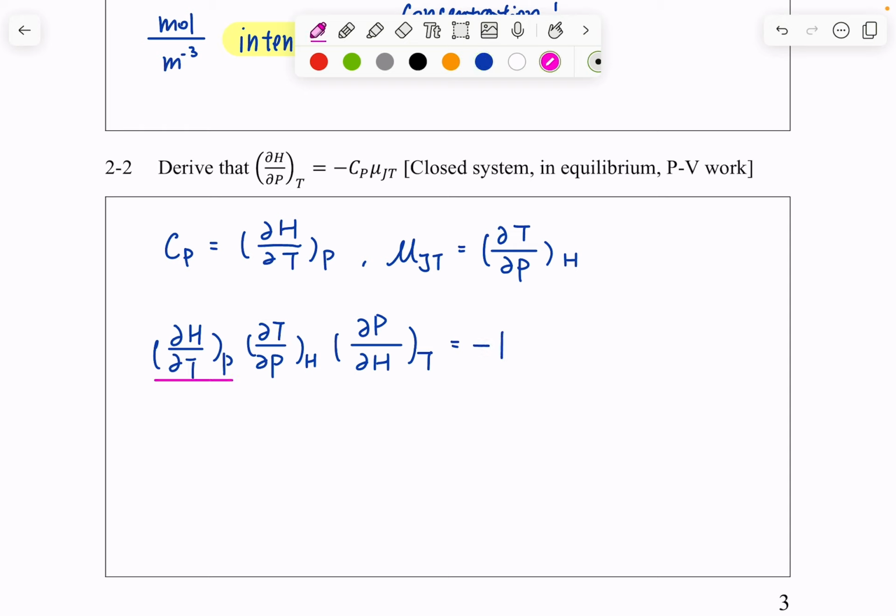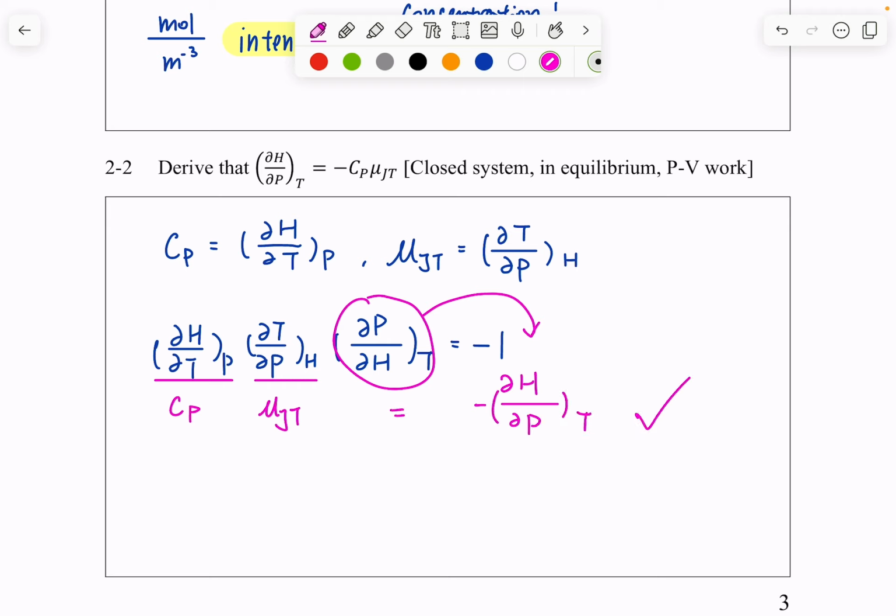In here, that's my Cp, and dT over dP at constant H is my mu JT. I want to move this term to the right and flip it, so on the right we have the partial derivative of H over P at constant T. So we're happy.